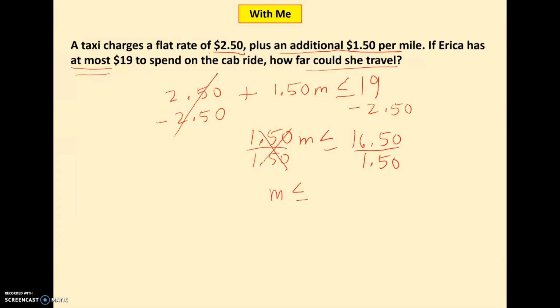Once you divide those, and you can use your calculator, you'll get m is less than or equal to 11. The question is, how far could she travel? She could only travel at maximum 11 miles. There are a lot of different ways you can word this. The way that I'm going to say it is, she can travel no more than 11 miles.